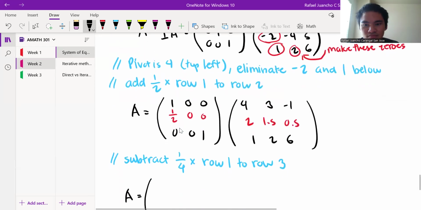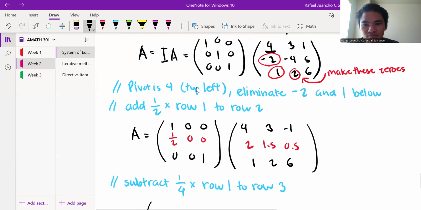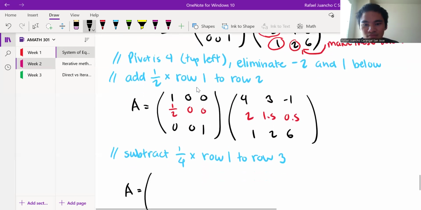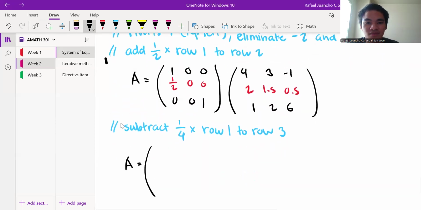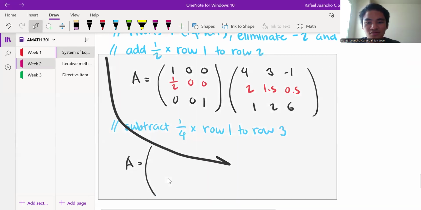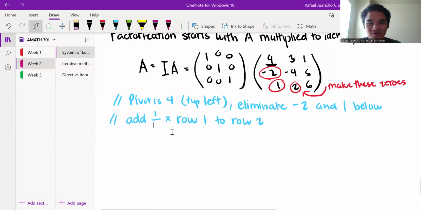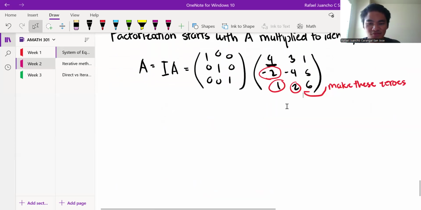Yeah, because I didn't make the zero. Wait, let me restart. But that's the goal, to make those zeros, right? So how do we do that?